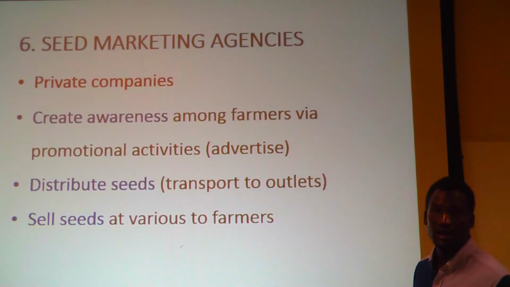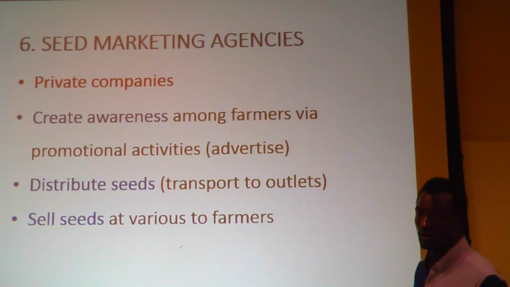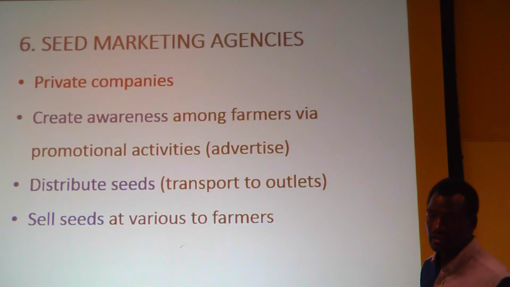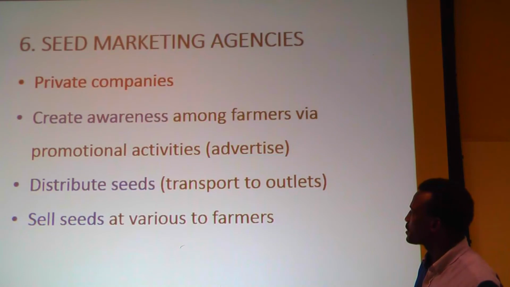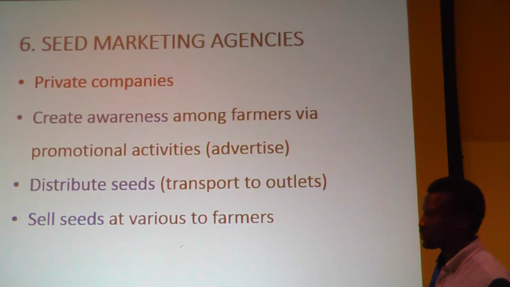So if a new variety is released, the marketing agencies have to play a role to make sure that new variety is known. Or if there is a disease outbreak affecting a certain variety, again, they have to create awareness among farmers.